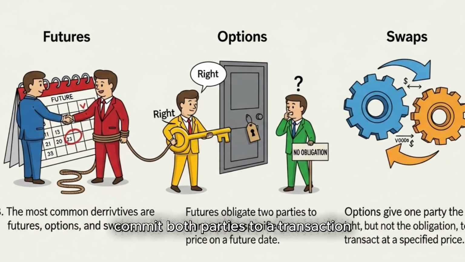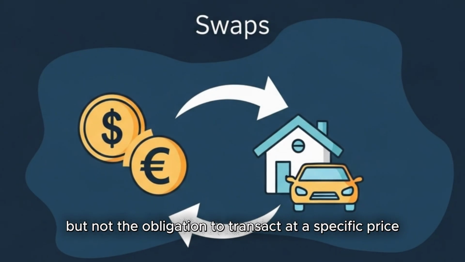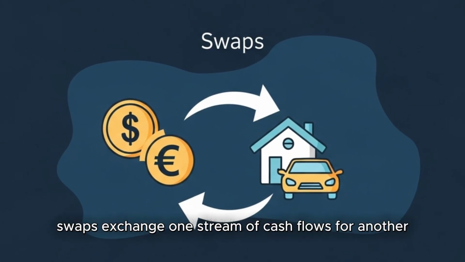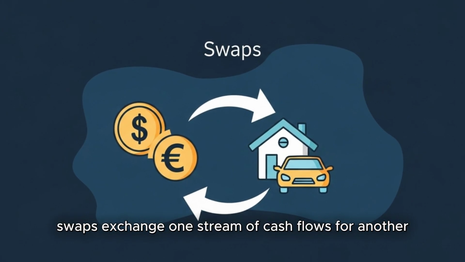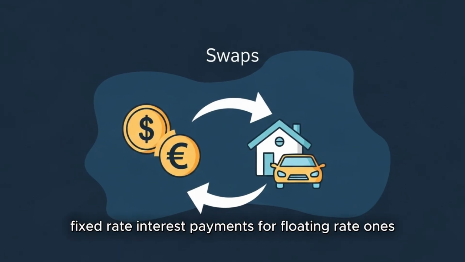Futures commit both parties to a transaction at a specific price on a future date. Options give one party the right but not the obligation to transact at a specific price. Swaps exchange one stream of cash flows for another, most commonly fixed-rate interest payments for floating-rate ones.